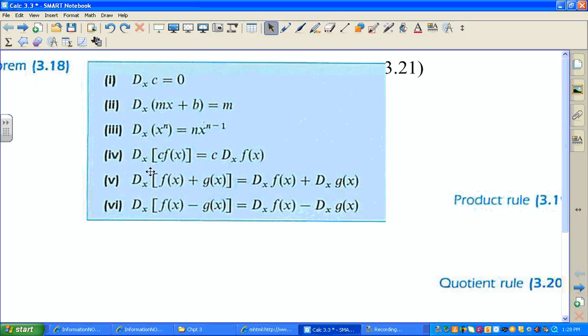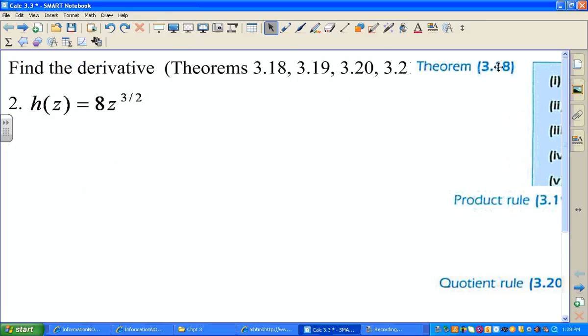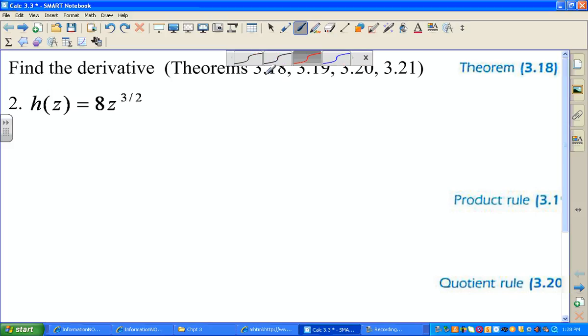What's number 4 again? What's that for? It means that you can factor out a coefficient, take the derivative, then multiply your answer by that coefficient, and you'll get the same answer. Okay. So, on number 2, as Alex was writing, you can take the 8, multiply it by the 3/2, and you can take the 3/2 and subtract the 1.